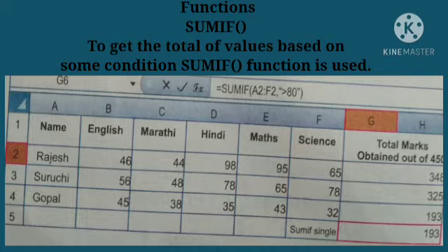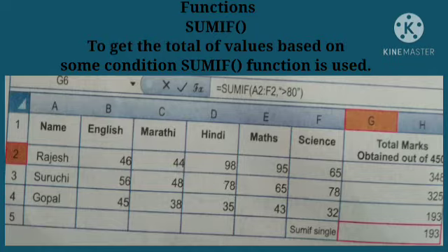Example: SUMIF function with two arguments, equal to SUMIF(A2:F2,">80"). Now student, in this example 1, from the cell range A2 to F2, only those cells which contain a value greater than 80 are summed.